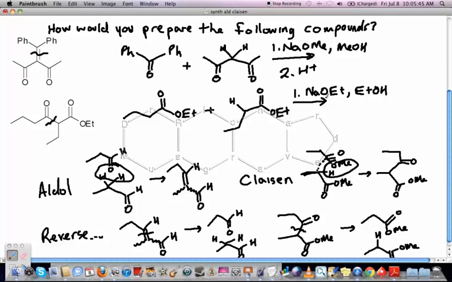So everything would match whatever ester we have in the very first compound that we're given that we have to make. And then the second step will be the addition of H+. So again, the most important thing to remember here is to make sure that everything matches whatever ester group you happen to be given here.